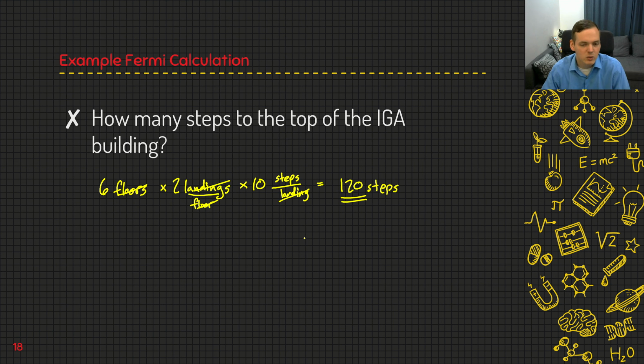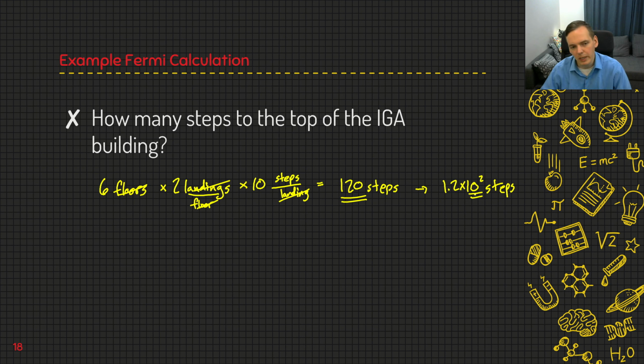If I got 20, I might start to wonder, because that's a whole order of magnitude off, right? 20 has 1 power of 10, 120 has 2 powers of 10, because this would be 1.2 times 10 to the second steps. So anything that has about 10 to the 2, we would say is probably pretty reasonable.